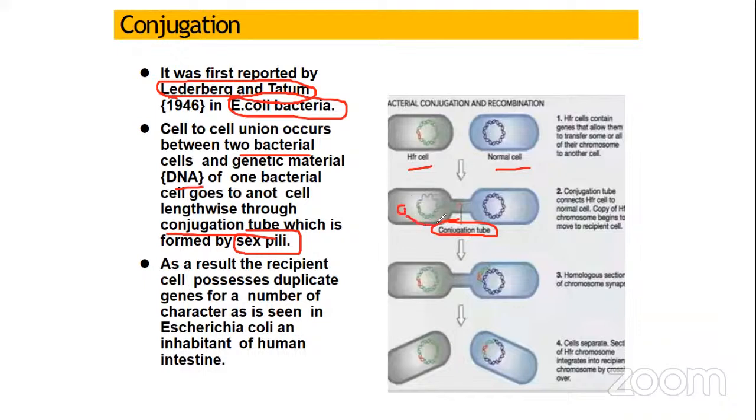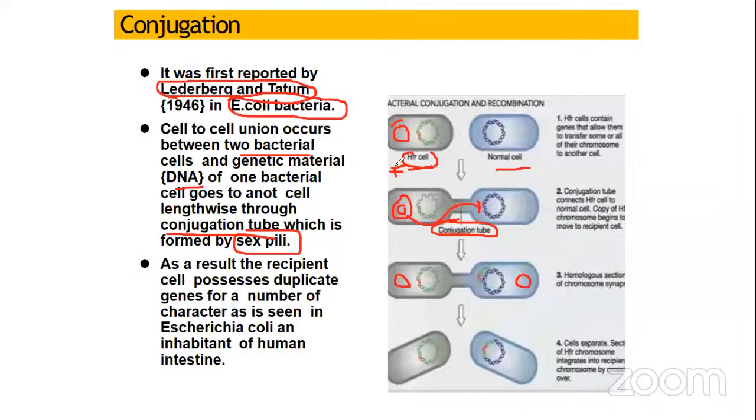One replicated strand transfers into the other cell. For example, this HFR cell has the F plasmid. The F plasmid undergoes replication. Replication means doubling. After replication, one strand transfers to the other cell. So here the plasmid stays as it is, and here the other plasmid strand has migrated to this one.